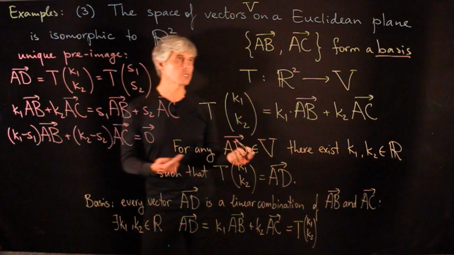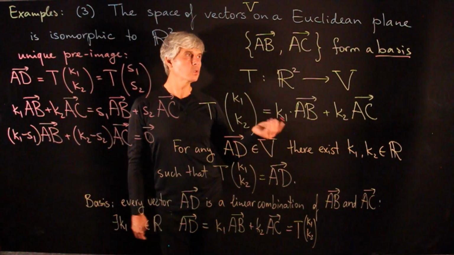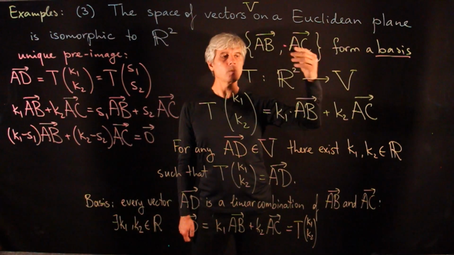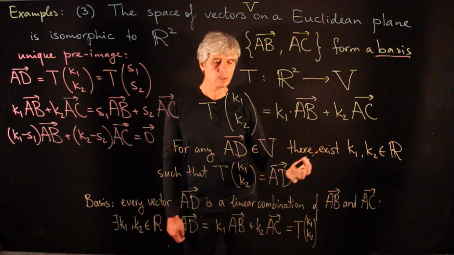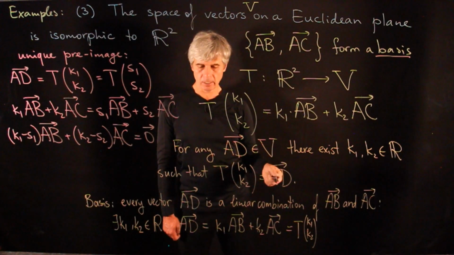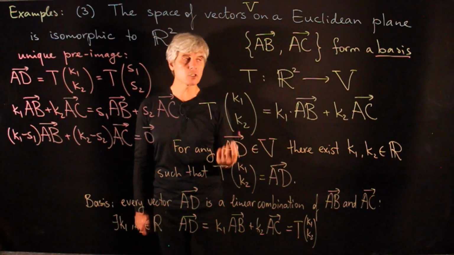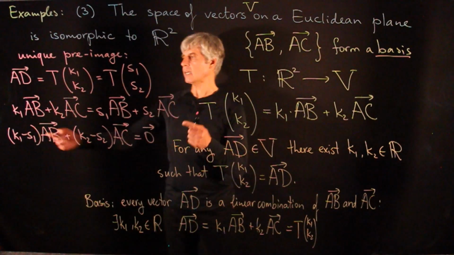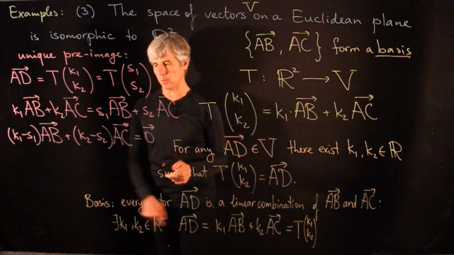In other words, our two properties of a basis here are: the first is the spanning property, which means that every vector AD is a linear combination of the basis vectors. And the second is the linear independence property.